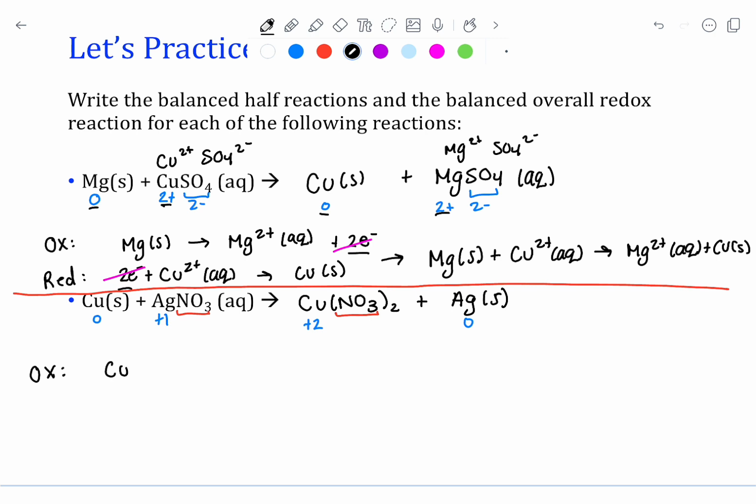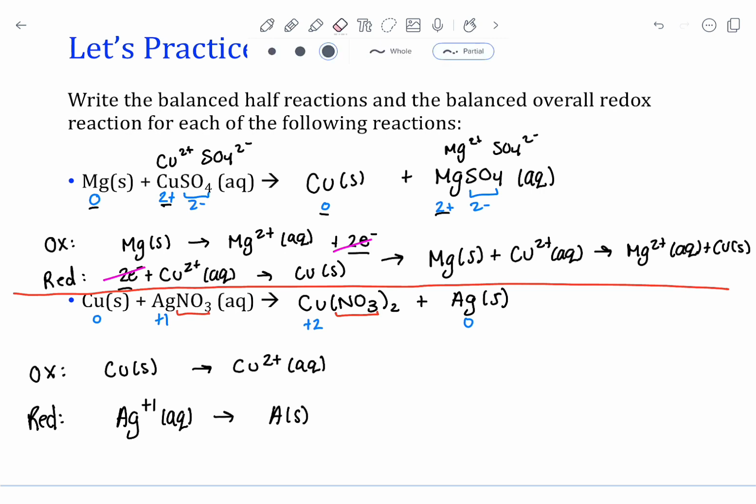So we have copper solid going to copper 2+ aqueous. And then for our reduction, we have silver +1 aqueous turning into silver solid.